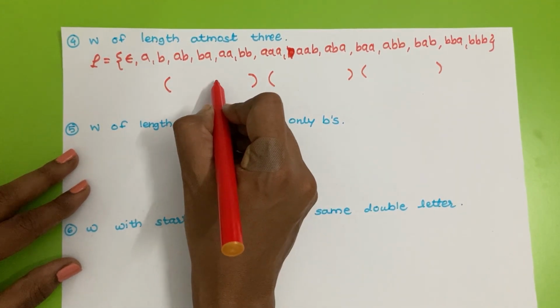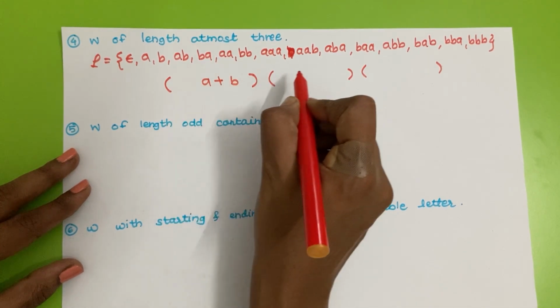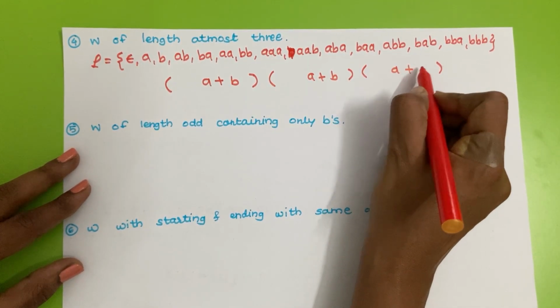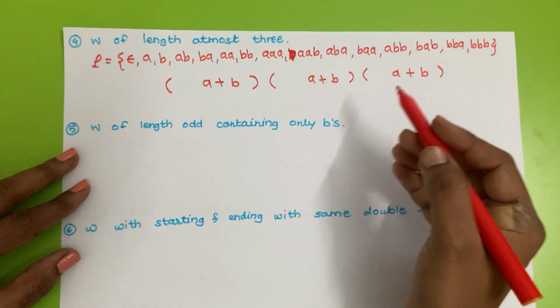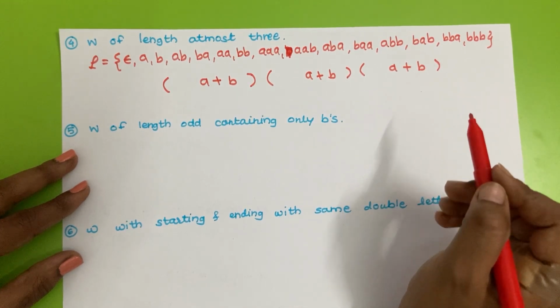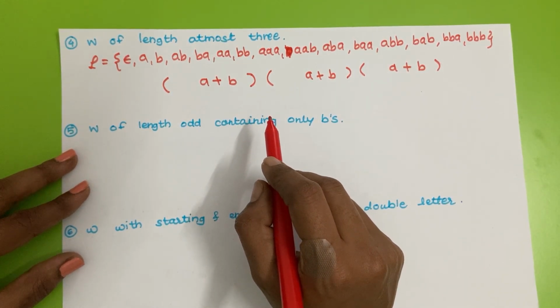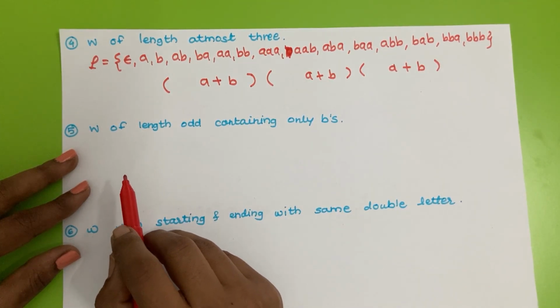In each, I can have A or B, A or B, and A or B. This will give 3 length strings. But I want 2 length strings as well, 1 length strings as well as 0 length string.